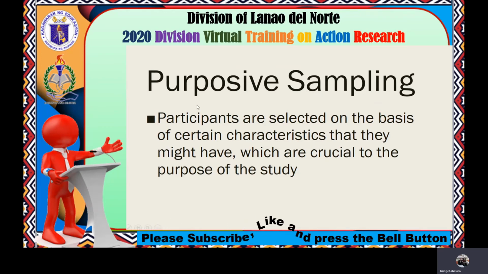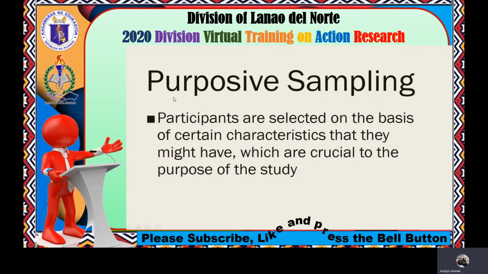For example, if you want to test the effectiveness of an intervention for non-readers, you do not need to include those pupils at the independent or instructional level in the reading inventory. All you have to do is select those students who are non-readers in your school. That is purposive sampling.